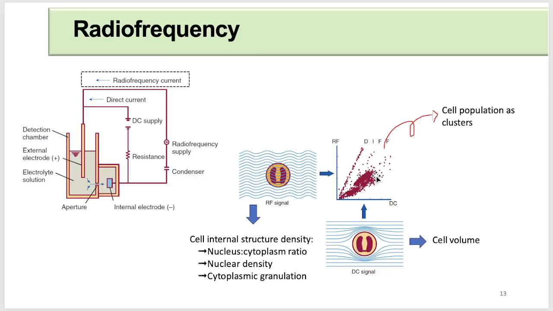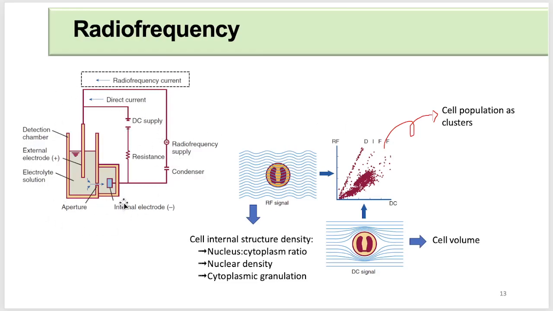Such plot displays now the cell population as clusters, with the number of dots in each cluster representing now the concentration of the cell type. Again, Doc, napaka-complicated naman yung explanation natin about radio frequency. Ganito lang. Gusto ko lang isipin nyo, yung radio frequency, in-add natin sa diniscuss natin kanina yung electrical impedance. Alam na natin yung electrical impedance kanina.